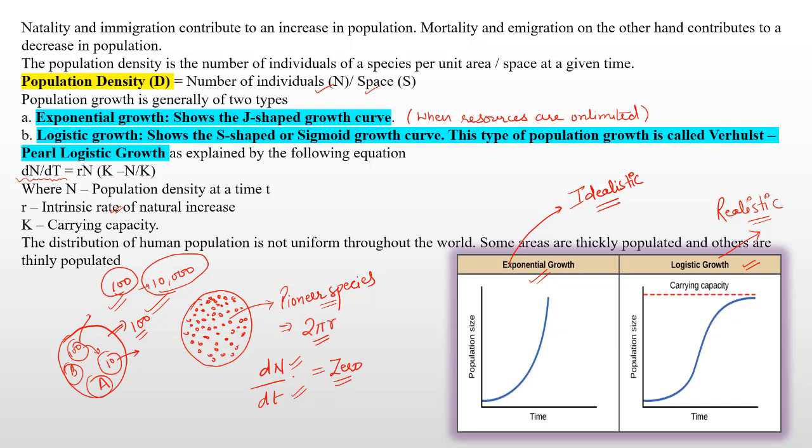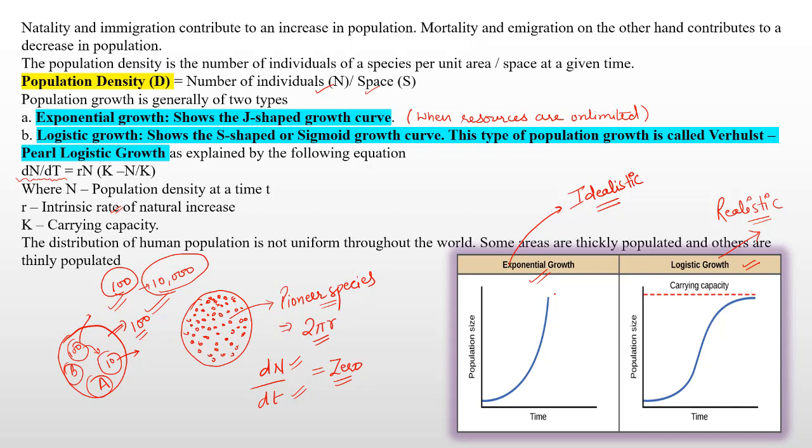If the change is zero, it means that over a particular time there is no change in the number of individuals, or the overall change is constant. So in that case, the growth curve behaves like a J-shaped growth curve. So in case of the logistic growth curve, when dN by dt comes to be 0 or overall constant, it behaves like the exponential growth curve.